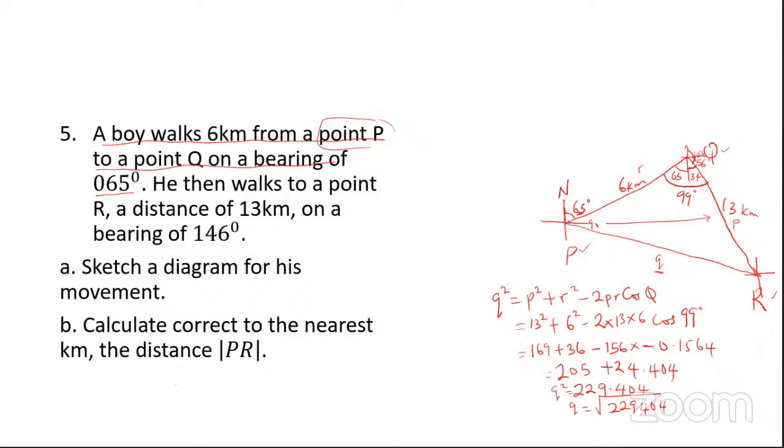If you do that, you should have around 15.14, which is 15.146. But they said to the nearest kilometer, so they don't want to see any decimal point. So our answer is 15 kilometers.